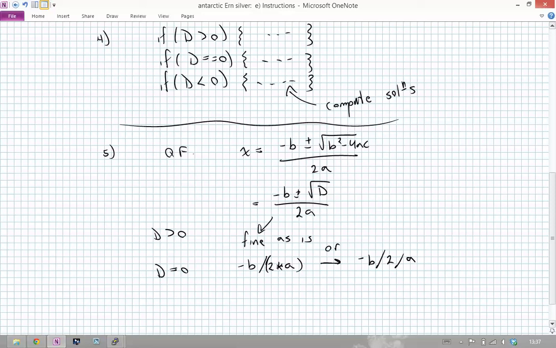This operator, the minus sign in front of the b, is called the negation operator. It's not the same as subtraction. It takes whatever b is and negates it, turns it into its negative. This slash 2 says, okay, now take this number and divide by 2. And then this slash a says, take this number and divide by a.